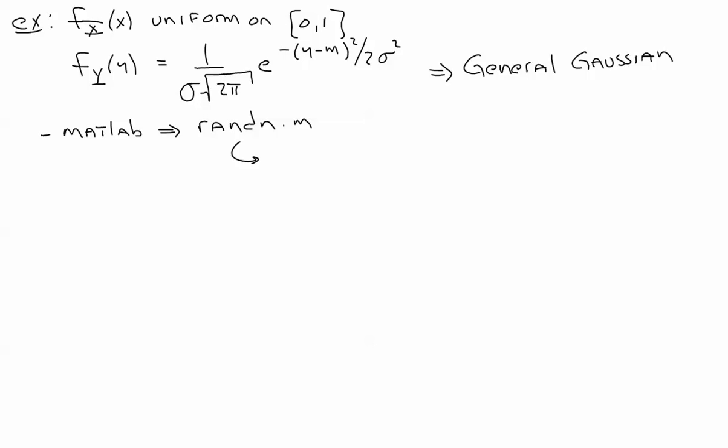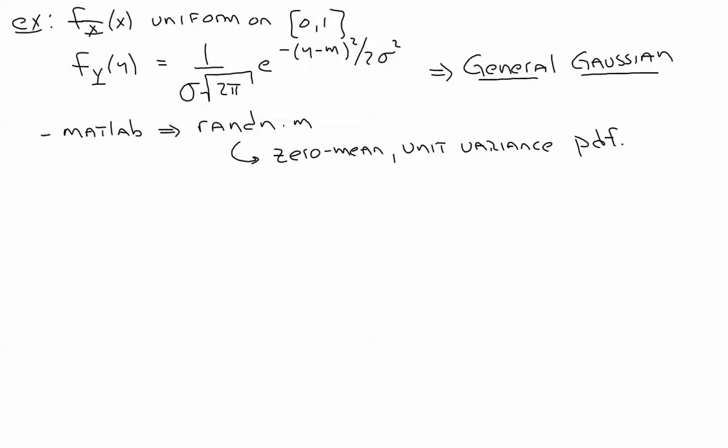The randn function, however, gives me data that is distributed according to a 0 mean, unit variance PDF. MATLAB does not have a built-in random number generator that will allow you to create data that is distributed according to a general Gaussian with any mean or standard deviation.